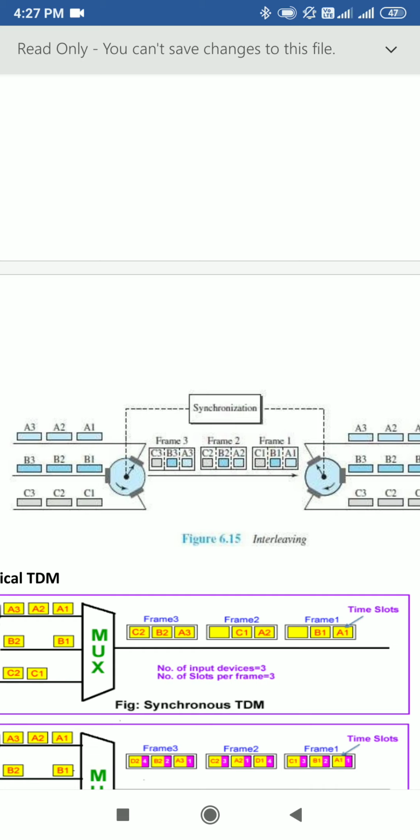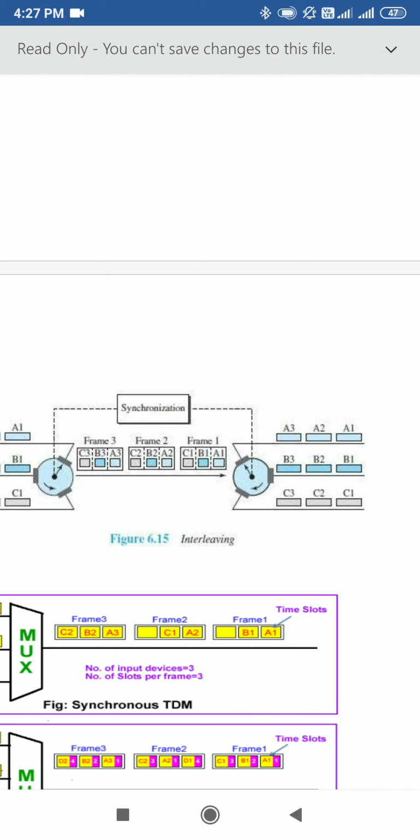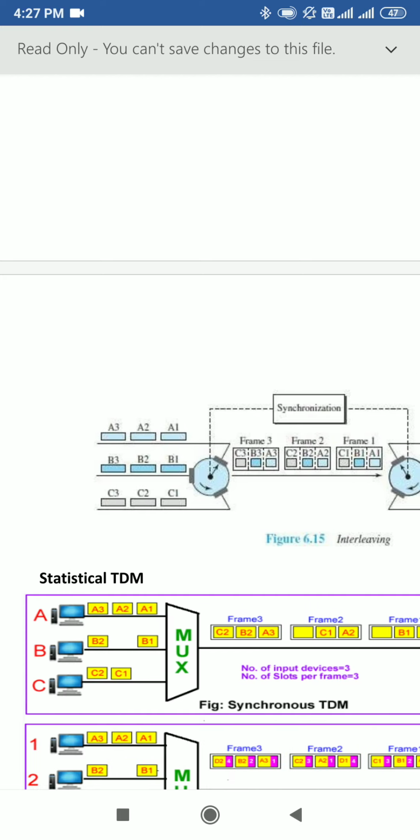We have two switches, one switch at the sender side, another switch at the receiver side. Both the switches are connected through the link. Now we'll just see. Before multiplexing, we are just inputting the data streams and the switch will rotate and it will open at a particular device at a fixed or constant rate and in the fixed order.